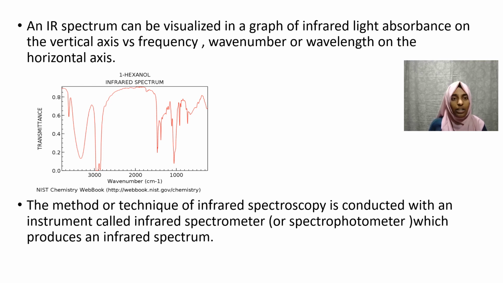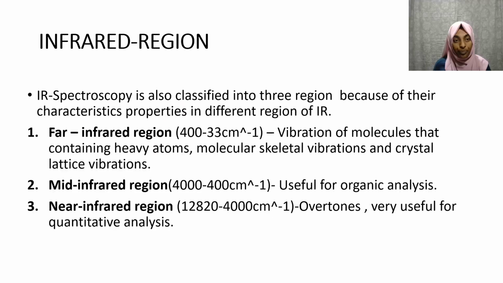As we can see here, an example of the graph. Here we have placed the wave number on the x-axis and the transmittance on the y-axis. It is an example of 1-hexanol. The technique of infrared spectroscopy is conducted with an instrument called the infrared spectrometer or spectrophotometer, which produces an infrared spectrum.